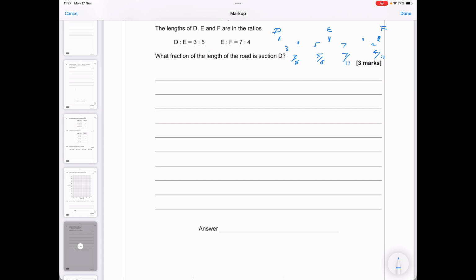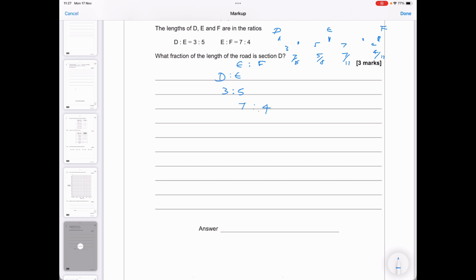D to E. Oh, I see. So D is the 3 within that. E, and this is this to this. So actually it's D to E is 3 to 5. E to F is 7 to 4.